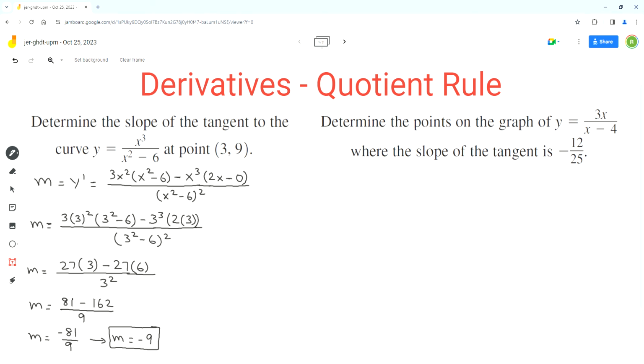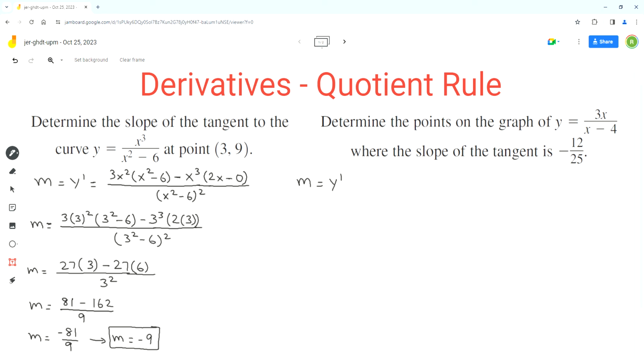So the first step is to find the expression for the slope of the tangent by finding the derivative of the given function. Now the given function is a rational function, so here we have to use quotient rule to find the derivative. So our first step is m, the slope of the tangent, is equal to the derivative of the given function.